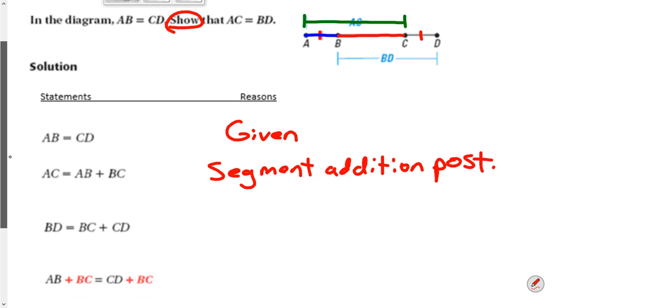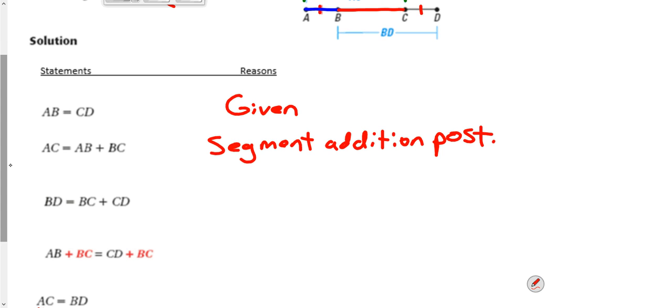Next we have BD equals BC plus CD. So let's look at those. We have BD, and it says that BD is equal to BC plus CD.